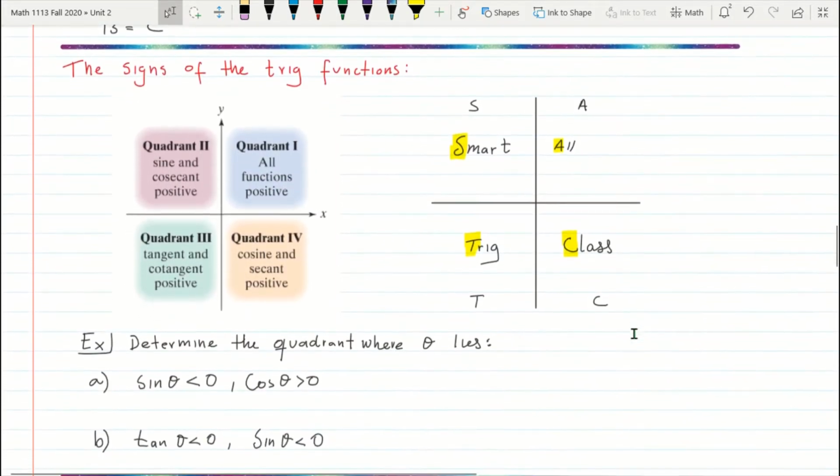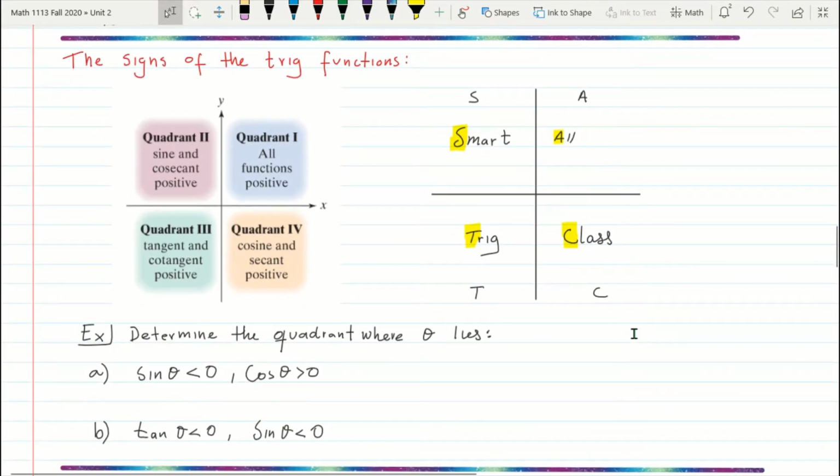Next, we want to talk about the different signs that the trig functions have. If you remember from the very beginning, I'm going to draw here on the side, we said sine of some angle theta equals y. And remember, those values can be positive or negative depending on where they are in the coordinate system, right?